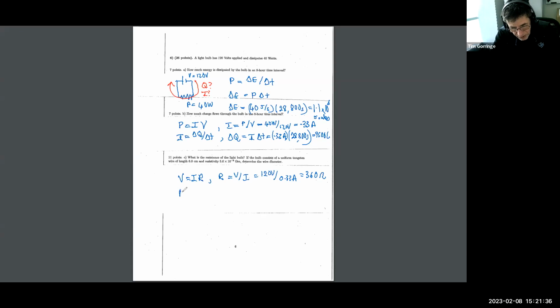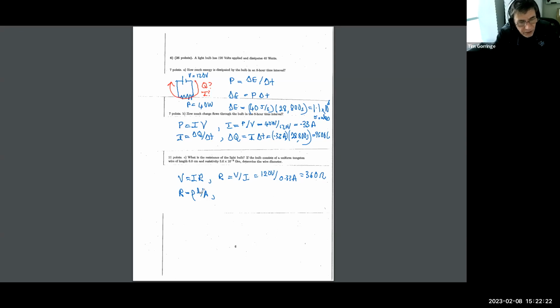So the key equation here is that one for resistance of a length of wire. And then this ratio of the wire's geometrical properties, its length and its cross-section. So if we look at this equation, we know the resistance, 360 ohms. We know the resistivity, we were told it. We know the length of the wire is 6 centimeters.